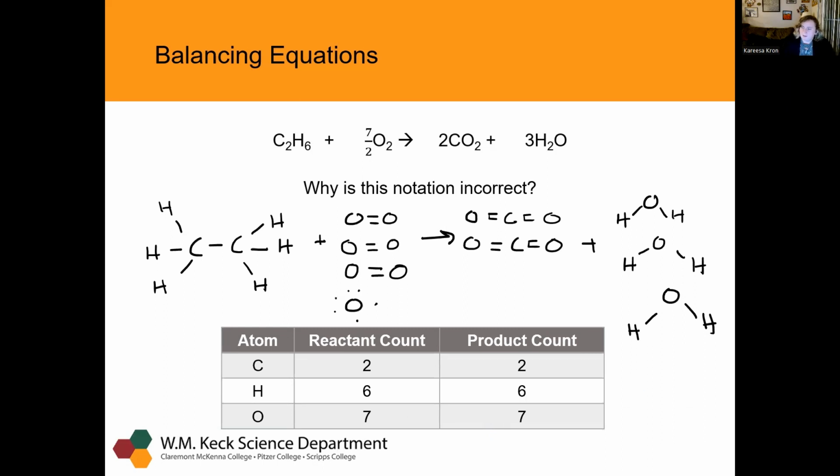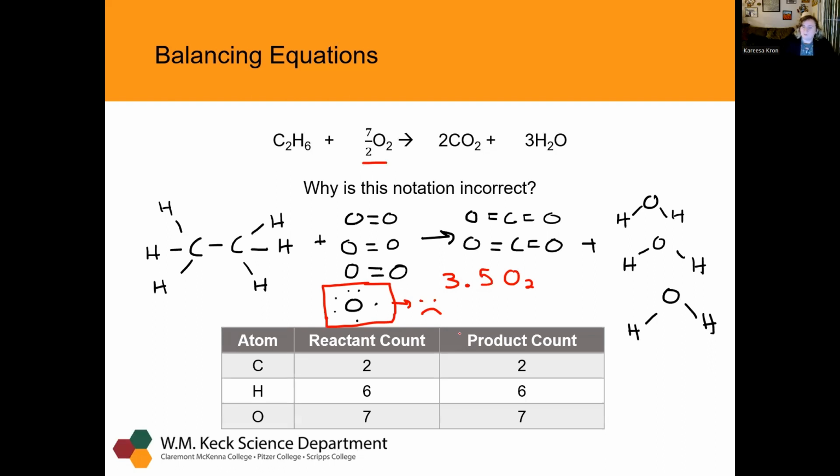The problem that we face in this description is that if you have 7 halves here, then what you're saying is you have 3.5 O2s. And that manifests as an open oxygen radical hanging around. And this doesn't reflect the chemistry that we're doing.